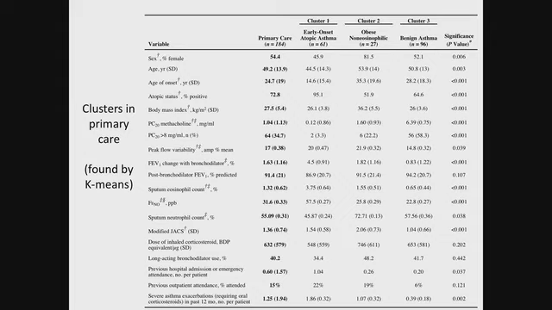So the first thing to note is that in cluster 1, which the authors of the study named early onset atopic asthma, these are very young patients, an average of 14, 15 years old, as opposed to cluster 2, where the average age was 35 years old. So a dramatic difference there. Moreover, these are patients who have actually been to the hospital recently.